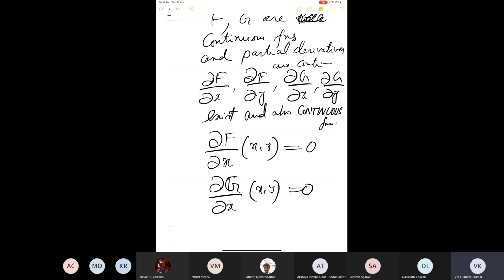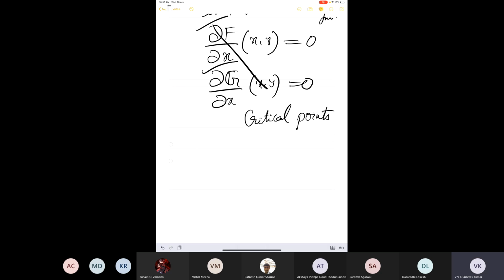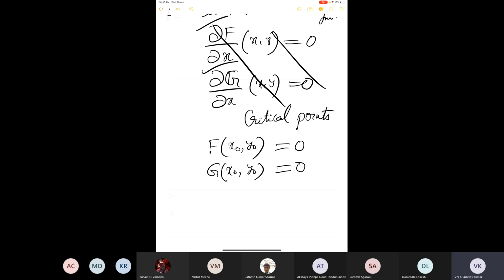What are these called? If f(x0, y0) and g(x0, y0) are 0, then x' at (x0, y0) and y' at (x0, y0) are equal to 0.